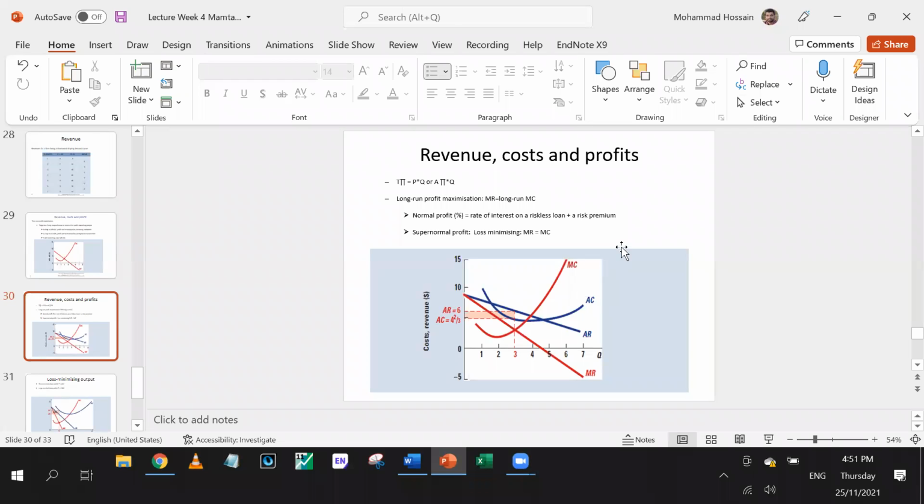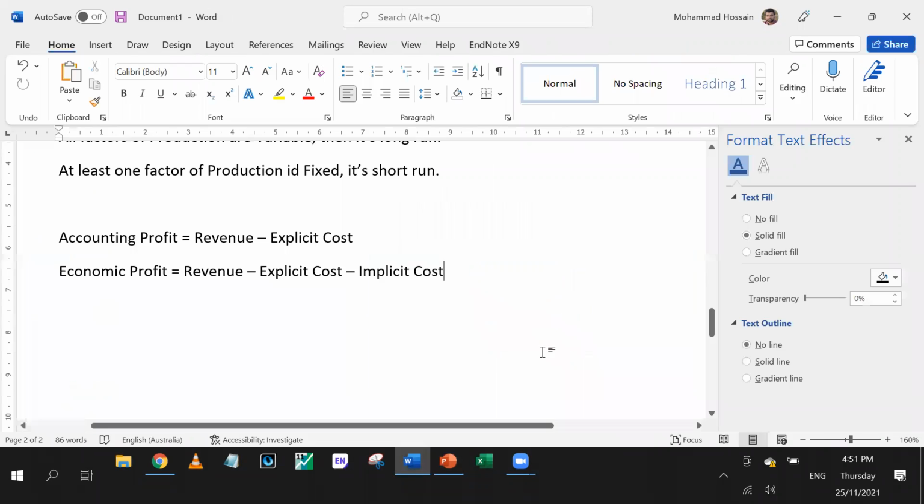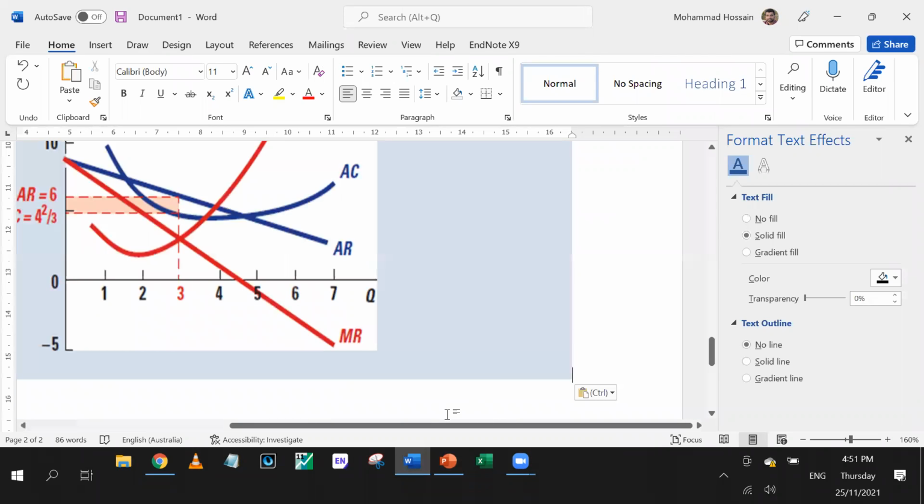And your demand curve. They didn't show you the demand curve here, so there will be another curve here called demand curve. Anyway, I'm going to explain from this curve. Let me copy this and take it in here.